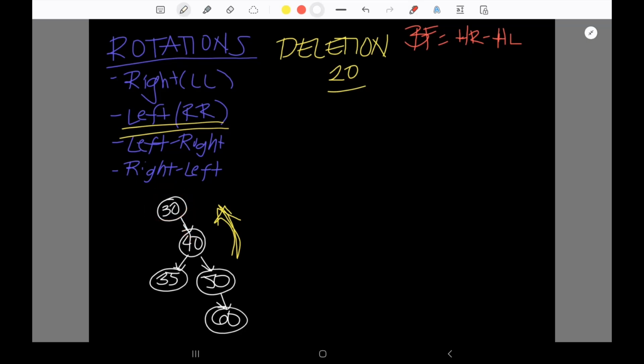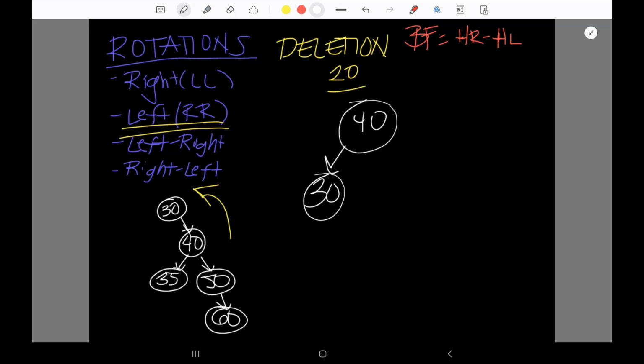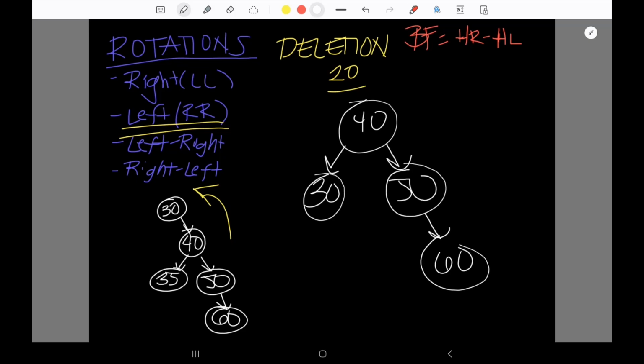So its children are 30 and 50, and we're going to add 60 here because, as I said, this subtree is already okay.